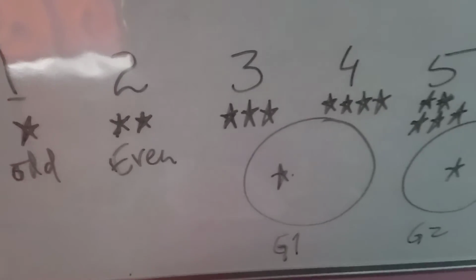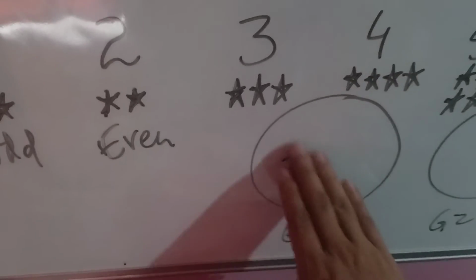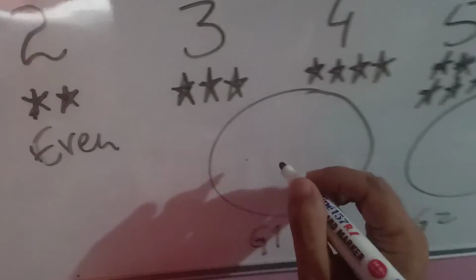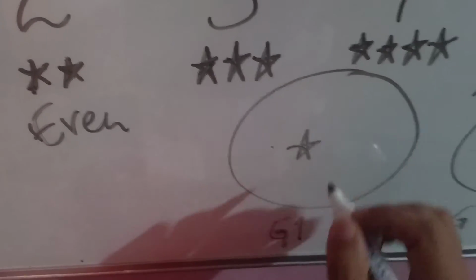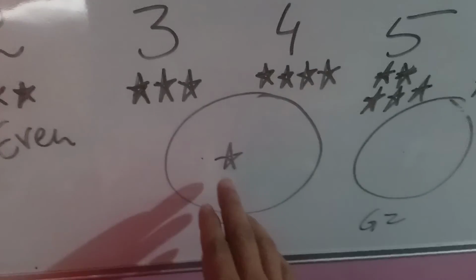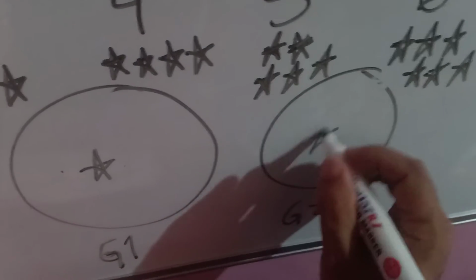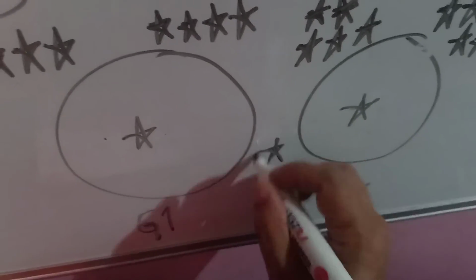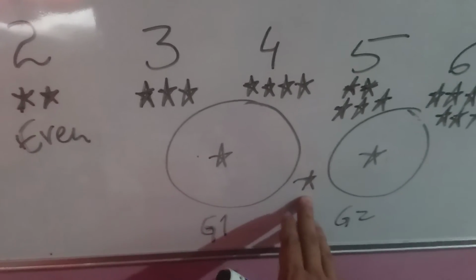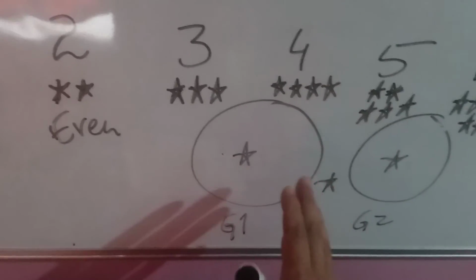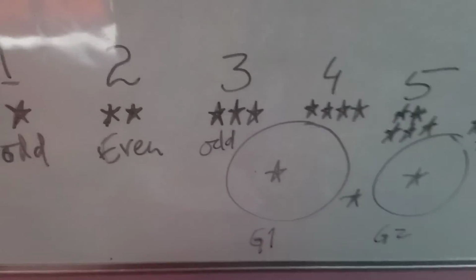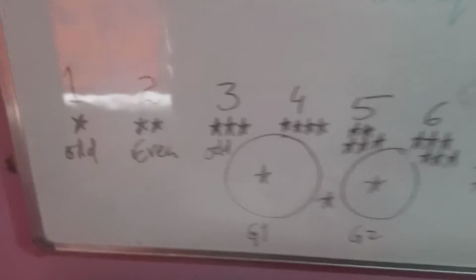Let's take one more example, number 3. Number 3 has 3 stars, so I keep 1 here and 1 here, and I have 1 left. These two have been divided equally, but one more remains which cannot be divided. So this is an odd number. I hope you got my point.